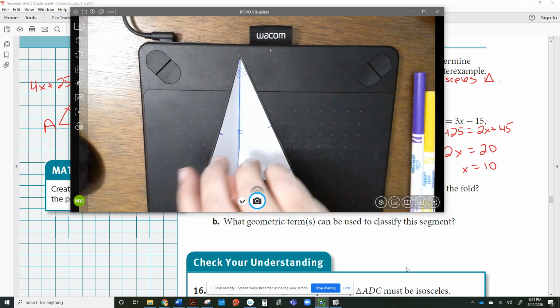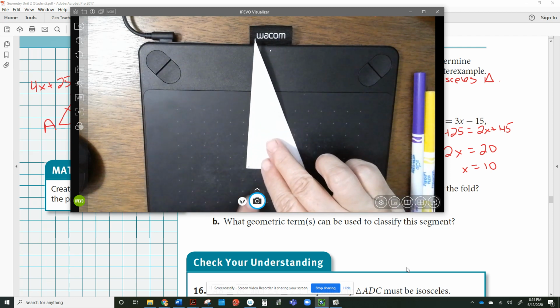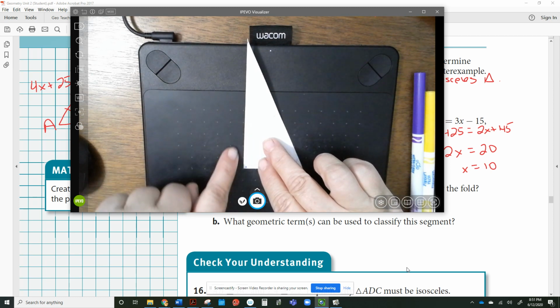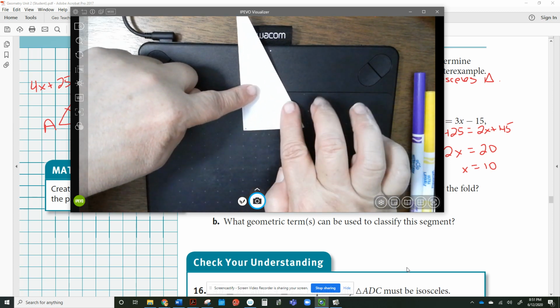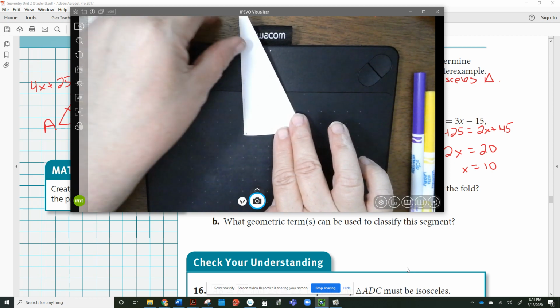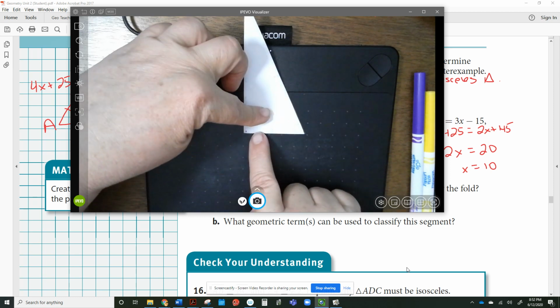Well, I'll tell you what I think is true. I'm laying it on my tablet. My tablet has these little dots. And if I line the fold up with the little dots, that's a vertical line. And notice, I can slide it up maybe so you can see better. The bottom edge of this is lining up with the horizontal dots.